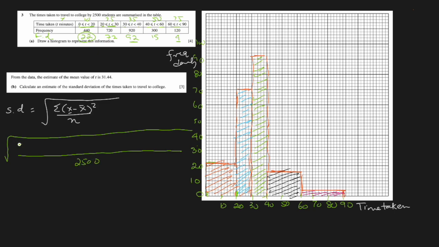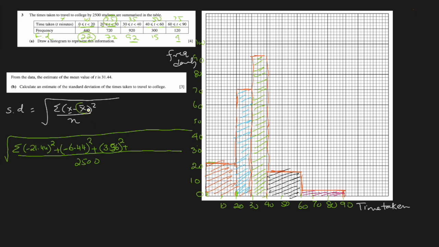2500. So we'll do here sigma, x minus x bar, that means 10 minus 31.44, which is minus 21.44 squared, plus 25 minus 31.44 will be minus 6.44. Then we have 35 minus 31.44, which will be 3.56 squared, plus 50 minus 31.44.